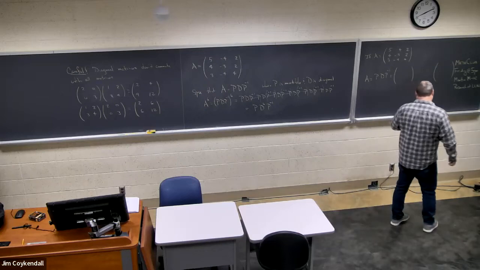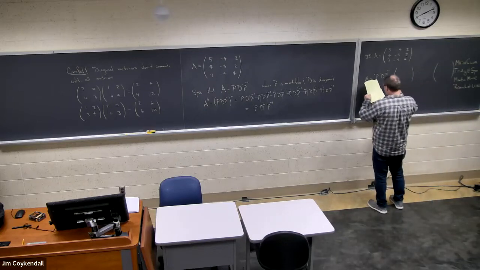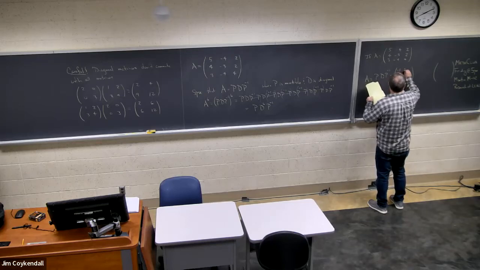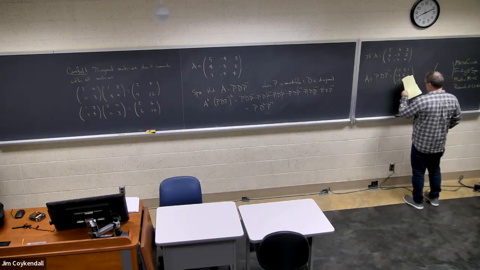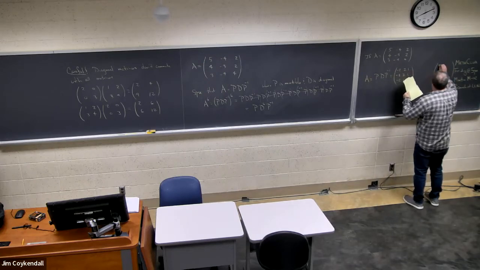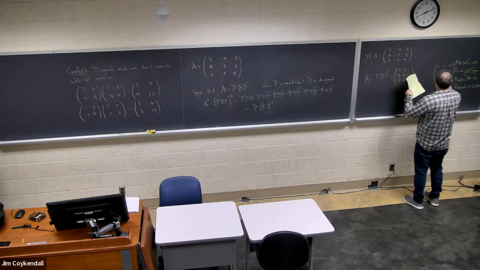In this case, I believe my P is [-2, 2, 1; -3, 2, 1; -2, 1, 1]. And my P inverse is [1, -1, 0; 1, 0, -1; 1, -1, 2].